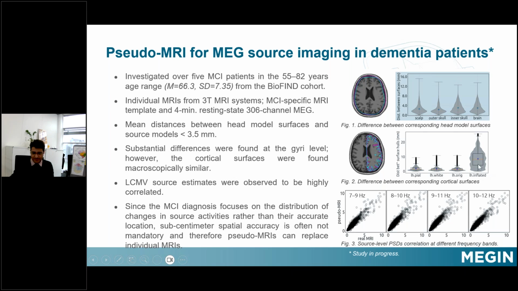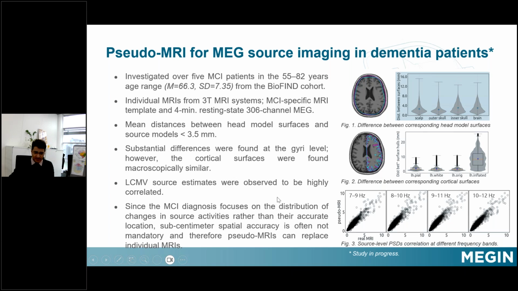So that's why you see the difference here. But with the cortical surface, again, if you go to the gyri level, there are differences. For example, here you can see, but on a macroscopic level, they are quite similar, aligned, and quite close to each other.